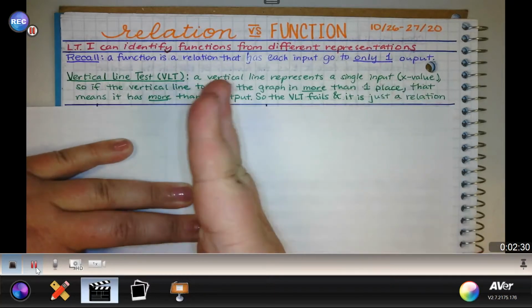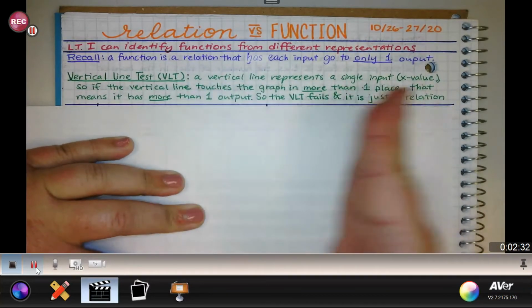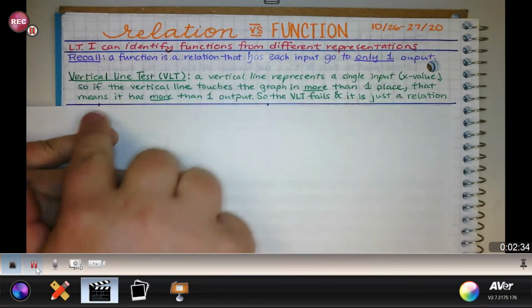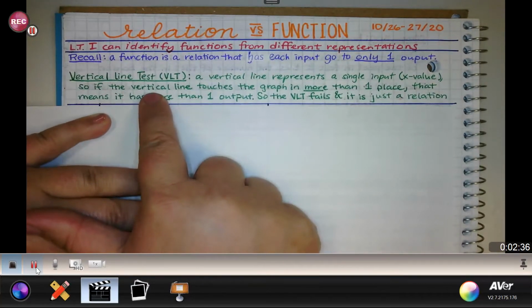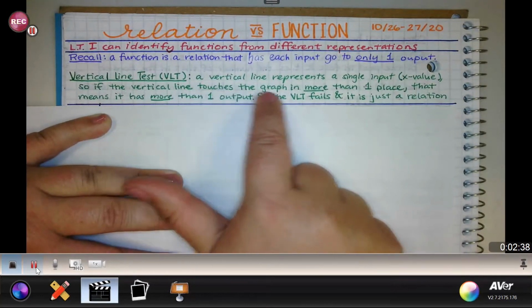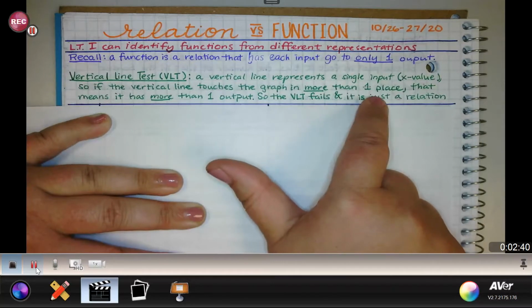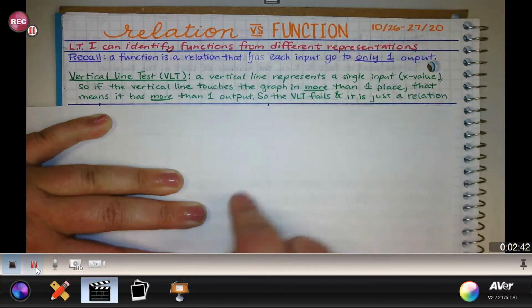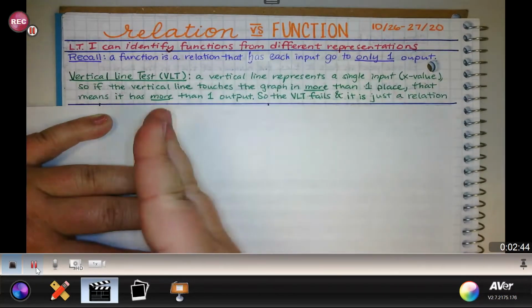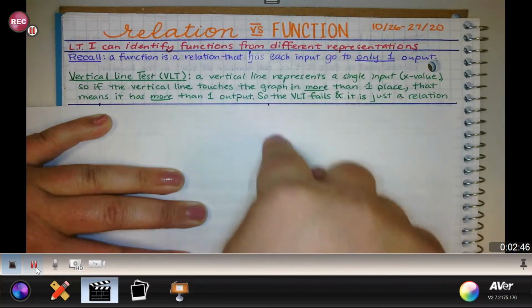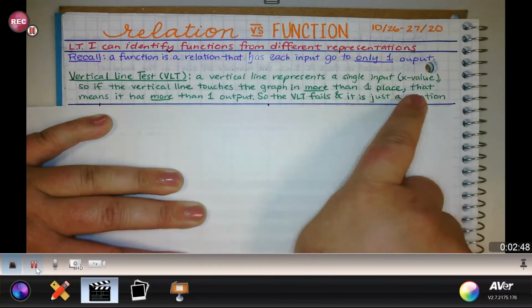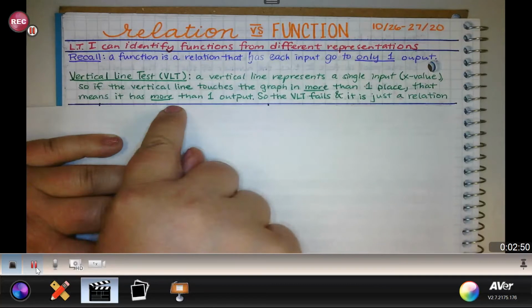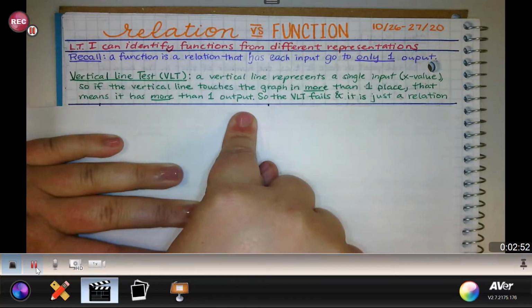Now, you slide this vertical line back and forth over your graph. And if at any time the vertical line touches the graph in more than one place, so that means that the curve or line or whatever is on there, your vertical line passes through at multiple locations, that means it has more than one output, okay?